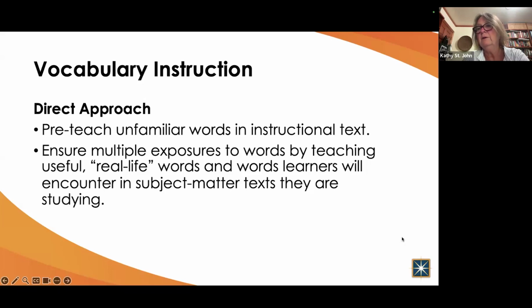Okay. You've probably noticed that if there are reading passages in a textbook, before you get to the paragraph of reading, there are usually isolated words that are pulled out. It's usually before you actually read the passage. That is an example of pre-teaching unfamiliar words in a text.